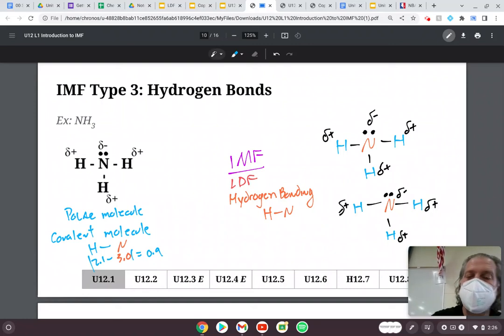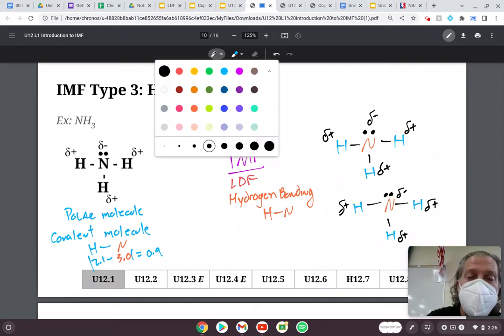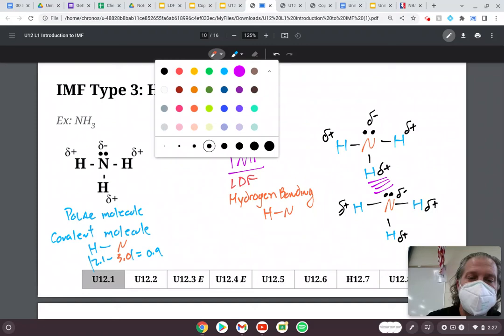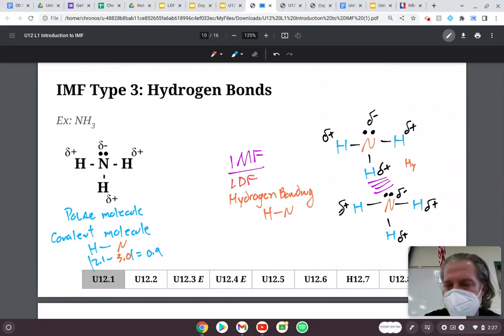And because there's a partial positive charge on molecule A and a partial negative charge on molecule B, that's where my force of attraction will occur. So in this instance, this is my hydrogen bond attraction. Right there.